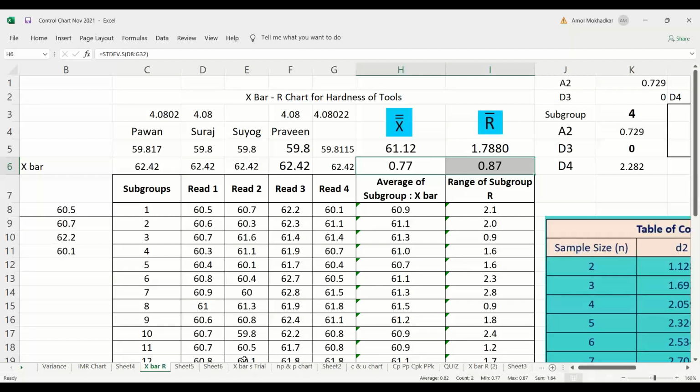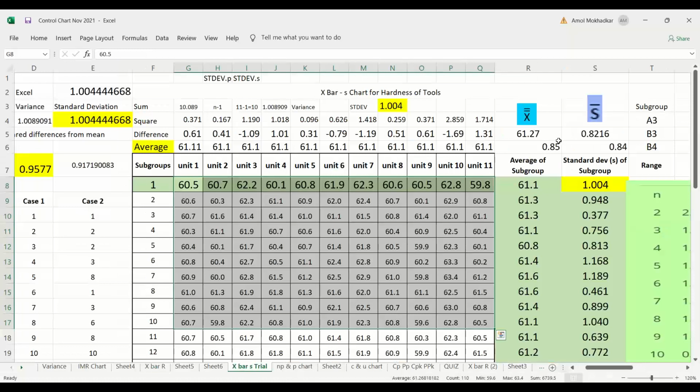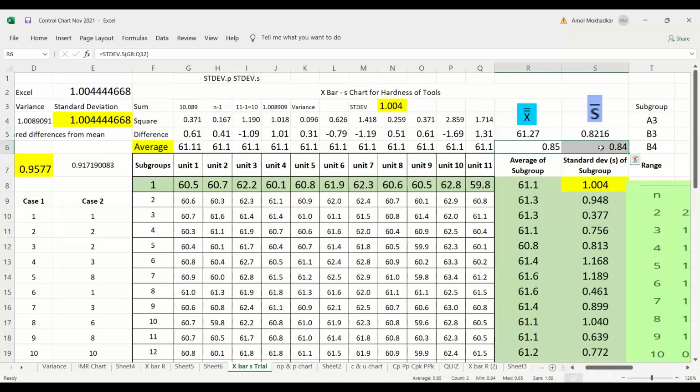Whereas in the X bar S chart, you find it is 8.5 and 8.4. There are no very high variations between the two, so there might not be a special cause present. Might not be. You need to compare it with all the 8 patterns of special cause and find out if there is any special cause present in this one.